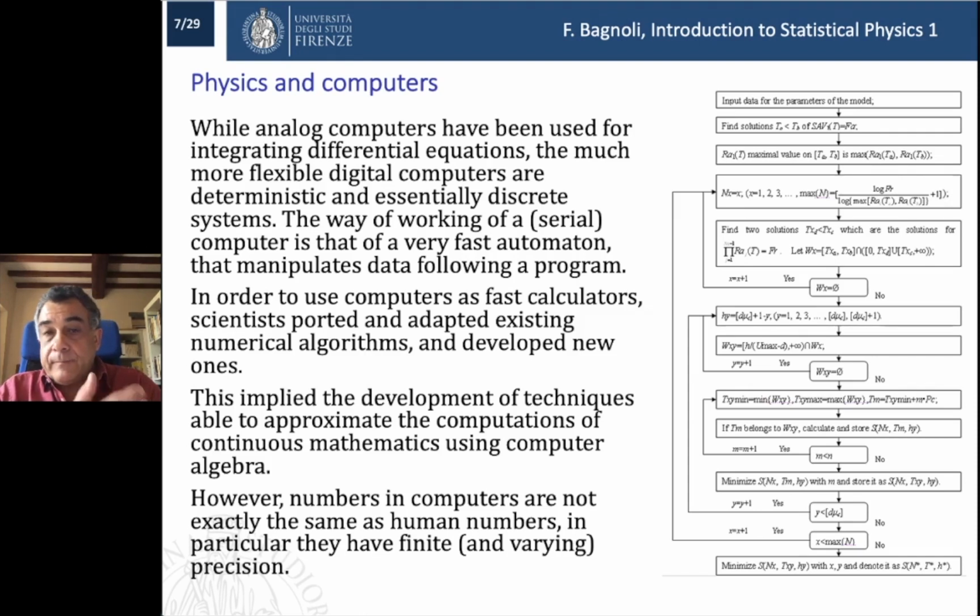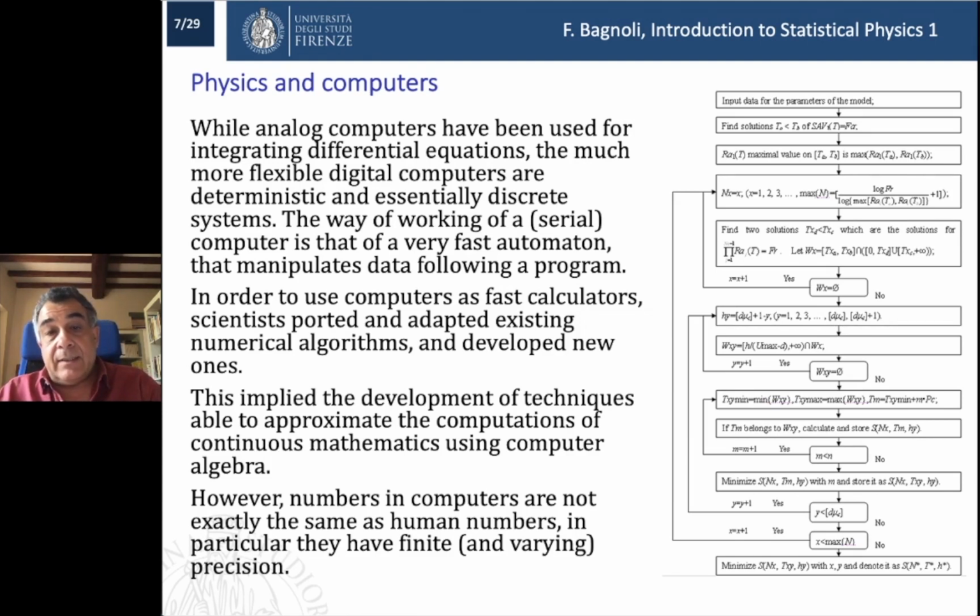And clearly, we have to represent our problem as a sequence of instructions. So we have to think how to represent in computer language what we usually manipulate by hand.